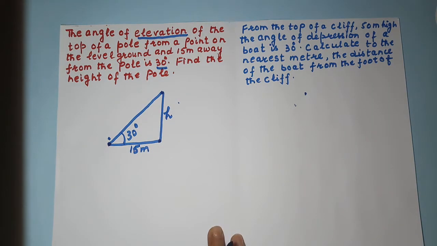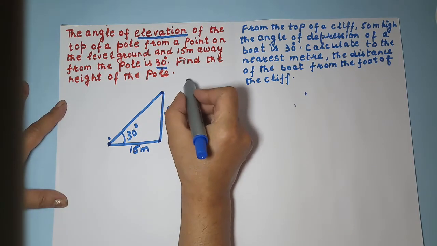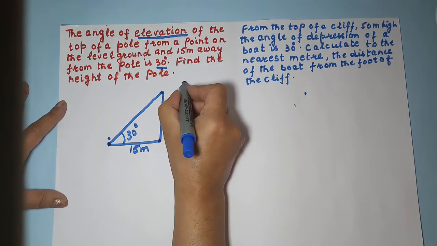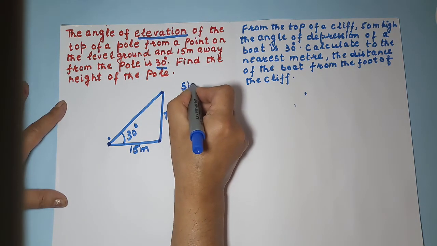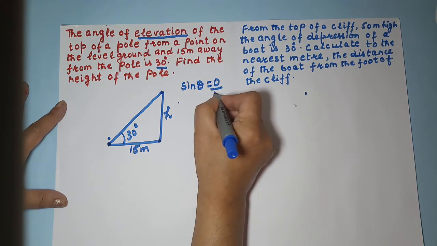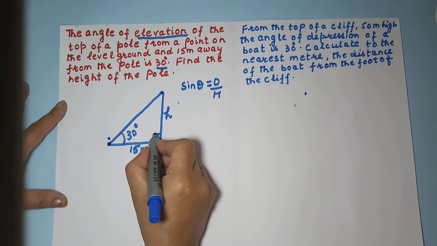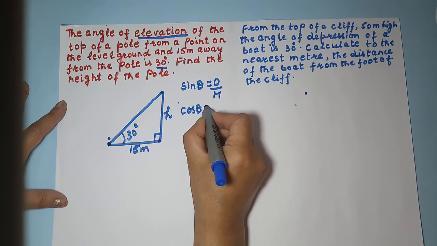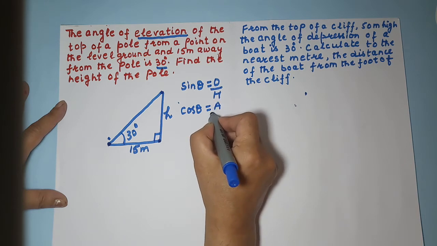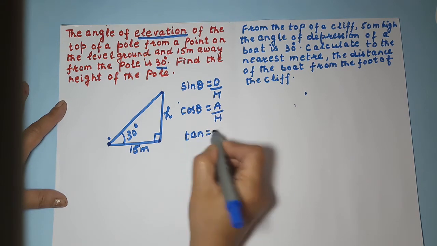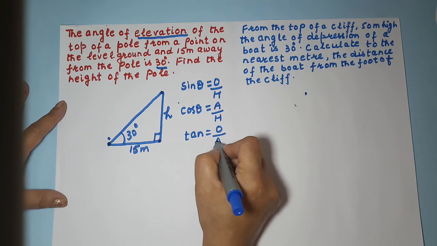Now, we will solve this using the T ratios, fine? So, let's see how we should think which T ratio to use. Now, we know that sine theta is equal to opposite upon hypotenuse. This is a right angle triangle. So, cos theta is equal to adjacent upon hypotenuse and tan theta is equal to opposite upon adjacent, right?